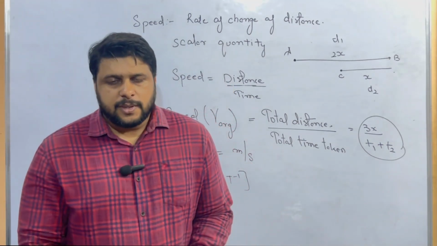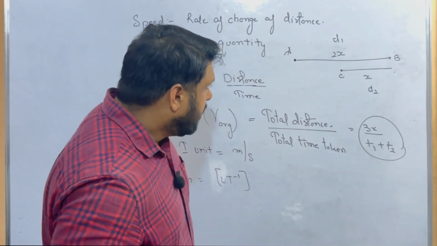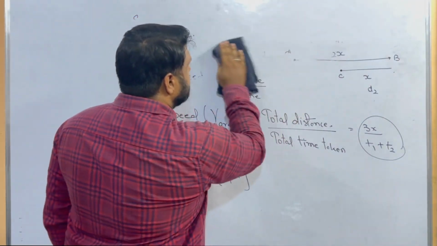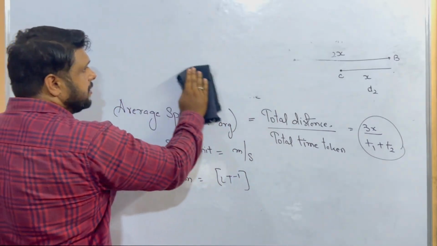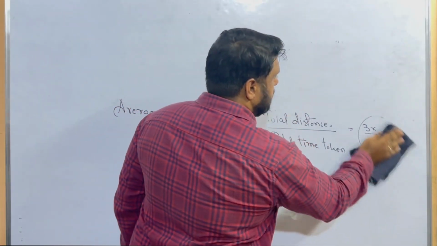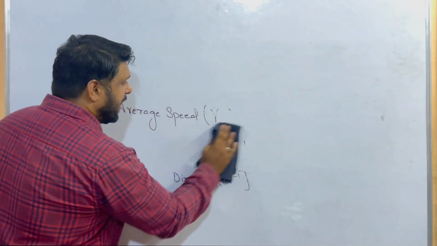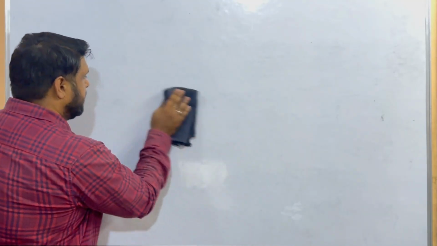Now there are some cases, and I will explain some of them to you. Let's not get into the cases where it is turning back and everything. Let's take simple cases.